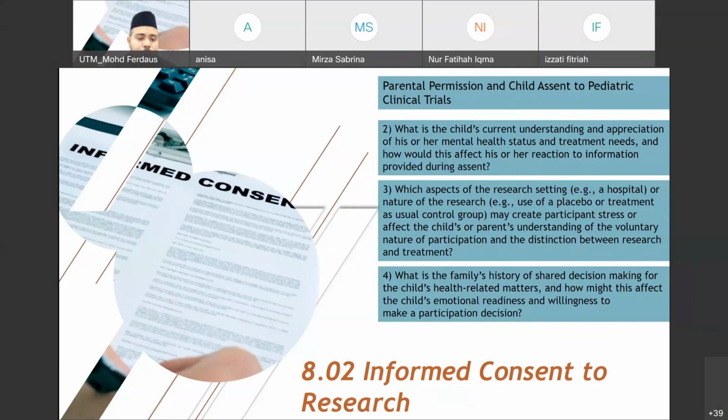So if you know that the family history is like that, parents who are manipulative, who basically take advantage of their children, you are not supposed to recruit the children, because you know that the children will basically disagree or not be willing to participate, and basically they are forced to participate by their family members.